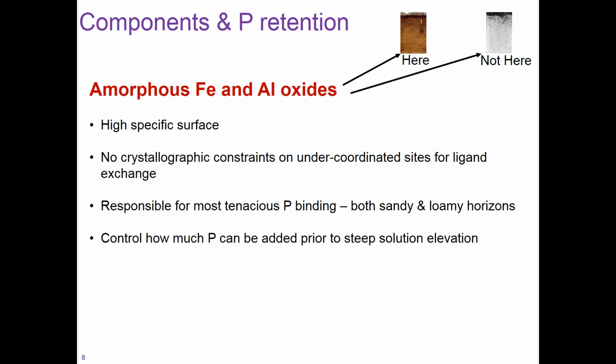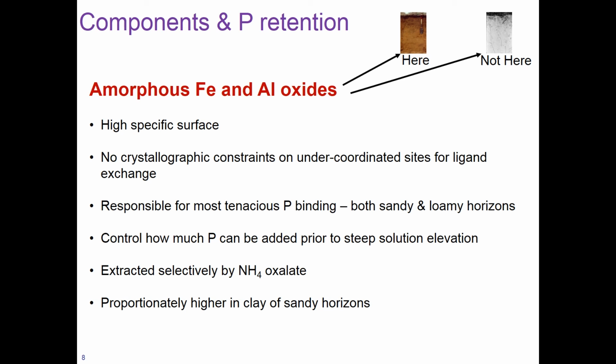They control how much phosphorus can be added prior to a steep solution elevation, which has environmental consequences. They are extracted selectively by ammonium oxalate, and they are proportionately higher in the clay of sandy horizons where they occur as binding agents for the sand grain coatings.